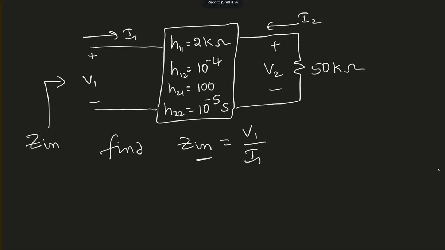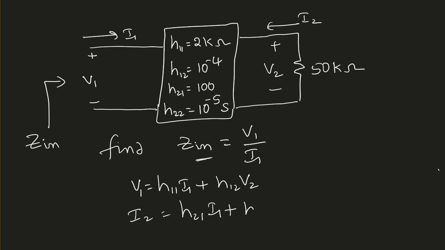To do this, you have to remember these formulas for H parameters. V1 equal to H11 I1 plus H12 V2, and I2 equal to H21 I1 plus H22 V2. Here H11 is short circuit input impedance.